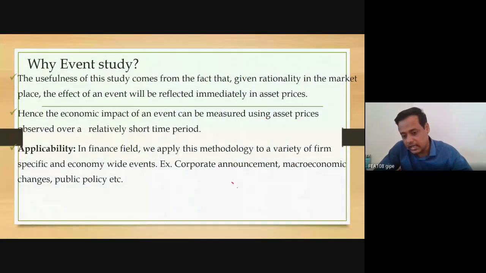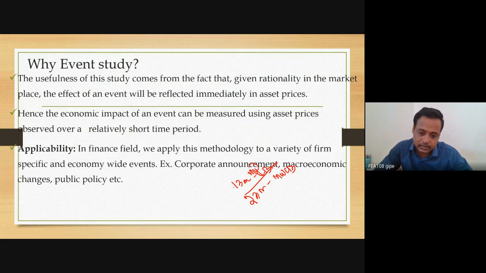Even if you see, on 13th March there was a market wide circuit breaker, MWCB, and on 23rd March there was again a market wide circuit breaker. The Indian market hit the circuit on 13th March, and within 10 days, on 23rd March, again. Suppose I measure plus or minus 15 days impact.